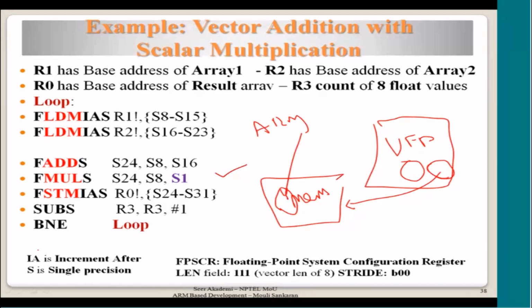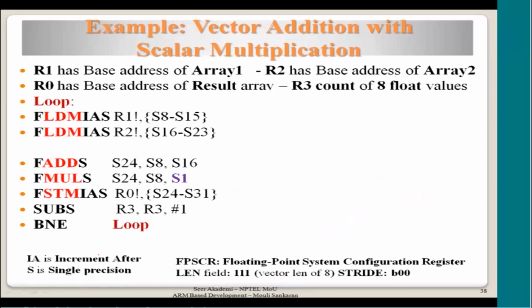That is the STM, store multiple, which stores values from registers to memory. The results are in S24, the register bank holding them. You pick up all 8 registers, and R0 is pointing to another location in memory where they are copied.